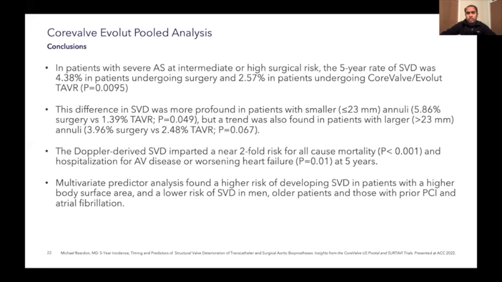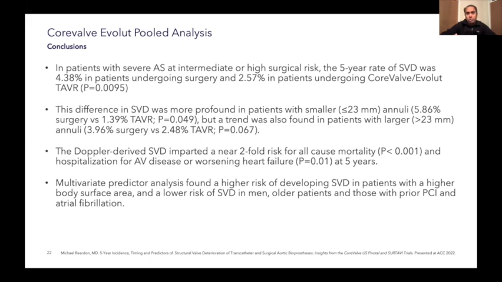In summary, you could see that, at least looking at the pooled analysis, there was a significantly higher rate of structural valve deterioration in the surgical arms of these pooled analysis trials. This difference was more profound in patients who had smaller diameter annuli, but you saw a trend even with the larger diameter annuli.